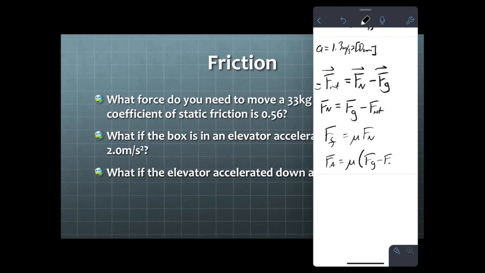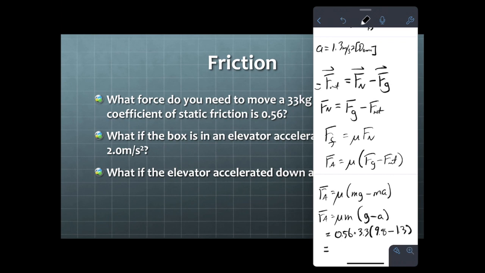Fn is now Fg minus F net. And here our applied force is equal to mu times mg minus ma, and we get Fa equals mu m times g minus a. Plugging in the numbers, we find 0.56 times 33 multiplied by 9.8 minus 1.3.